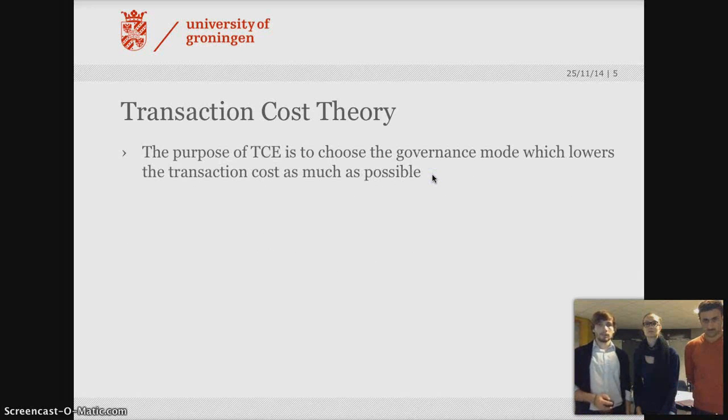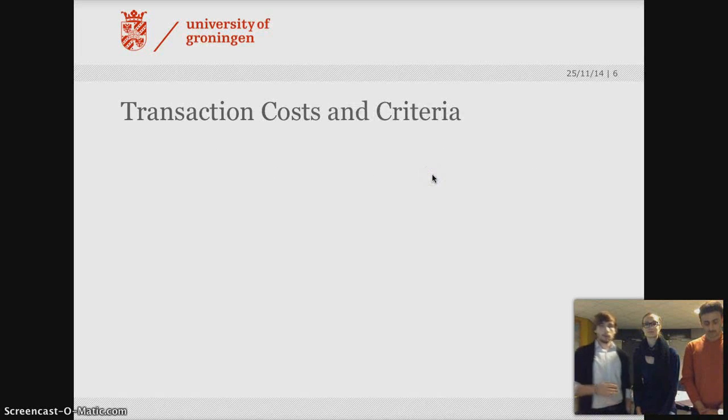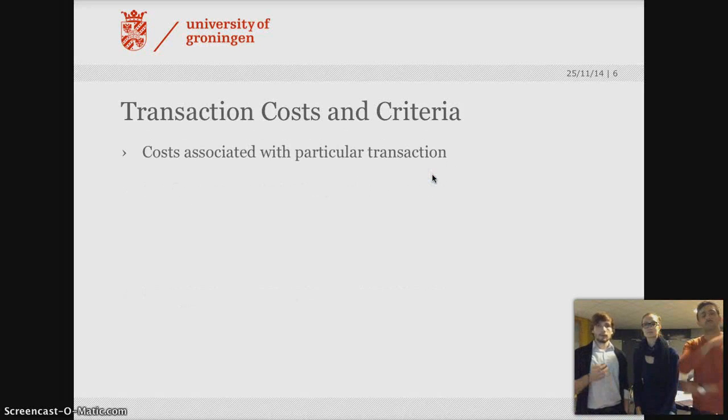The main aspect of transaction cost theory is that it's focusing on the cost itself, and the purpose of transaction cost economics is to lower the cost as much as possible. Now we'll talk about the costs and the criteria that influence the transaction. In order to realize all the costs associated with a particular transaction, you must analyze two types of costs, ex ante and ex post.